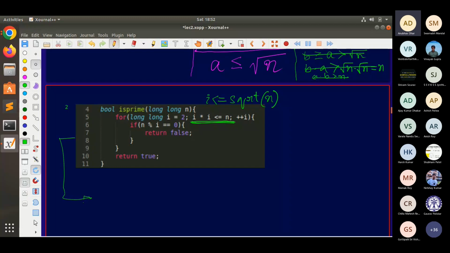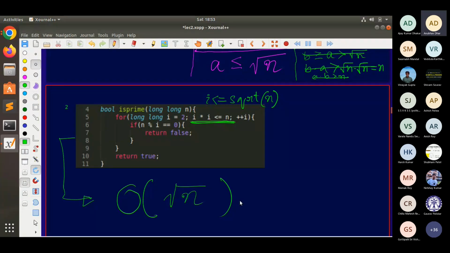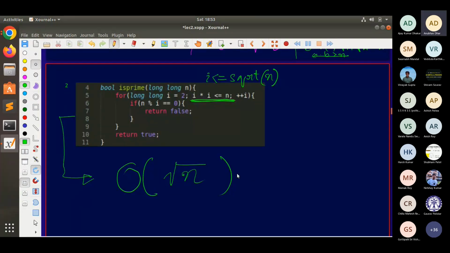Okay, so coming back to complexity, what is the complexity of this program? Under root n. Big O of root n, right? Okay, so can anyone tell me, if n is equal to 10 to the power 18, can I run this program in a competitive programming environment?